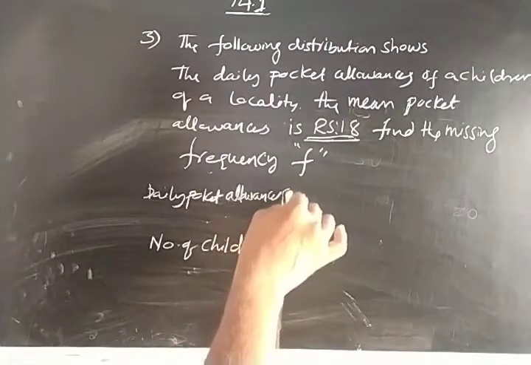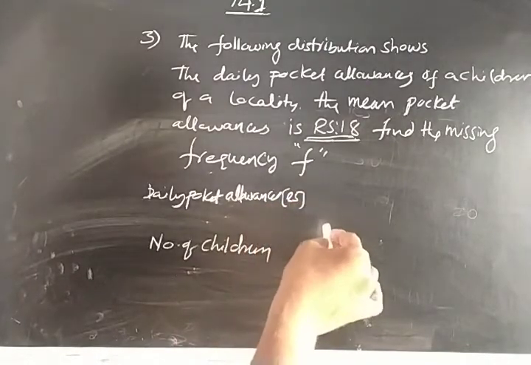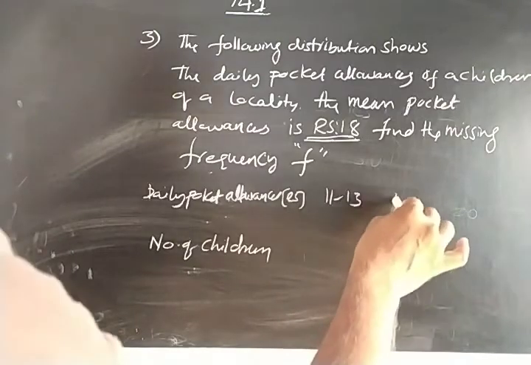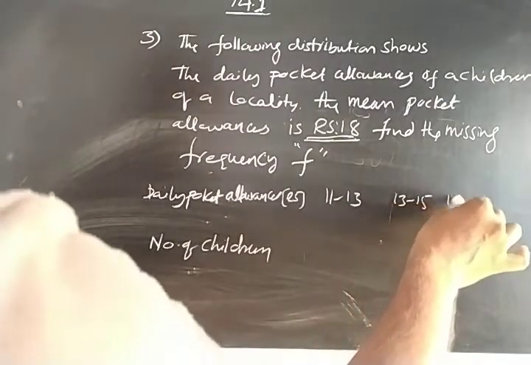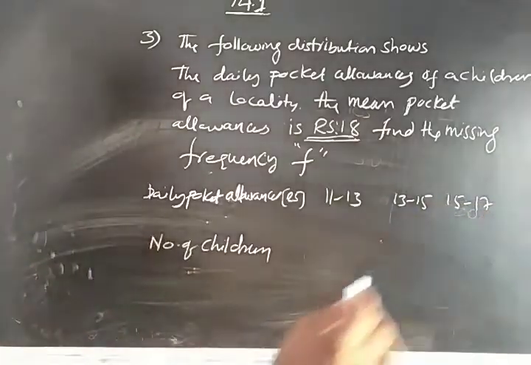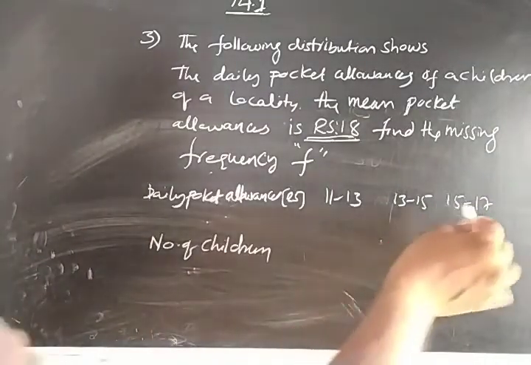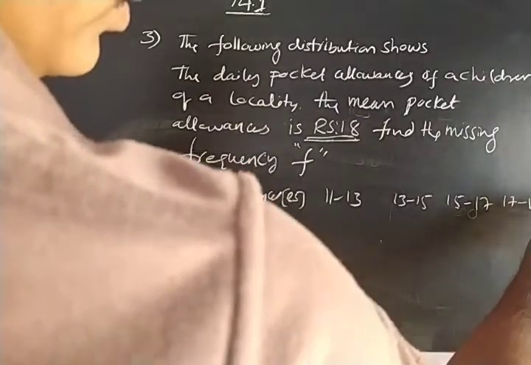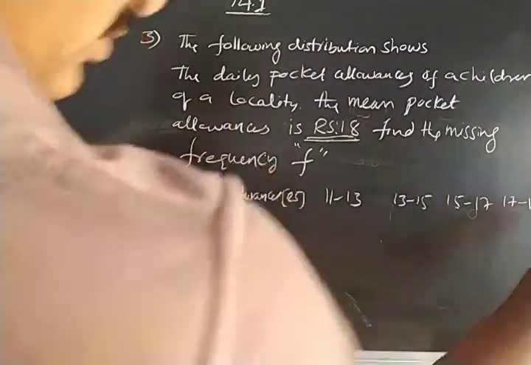Daily allowances in rupees are given as 11 to 13, 13 to 15, 15 to 17, 17 to 19, 19 to 21.